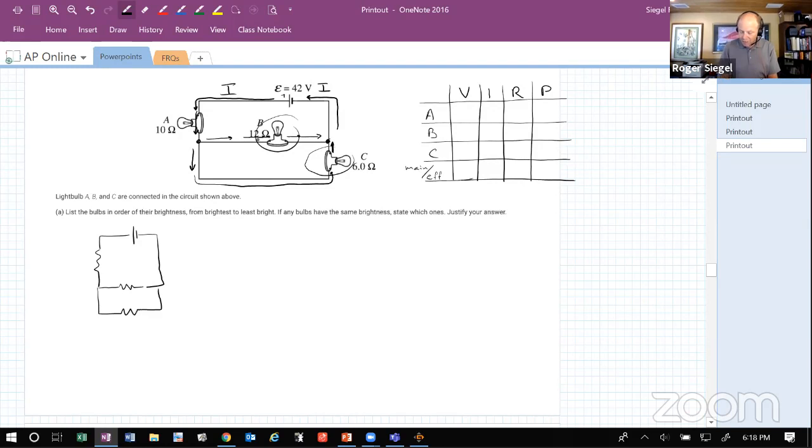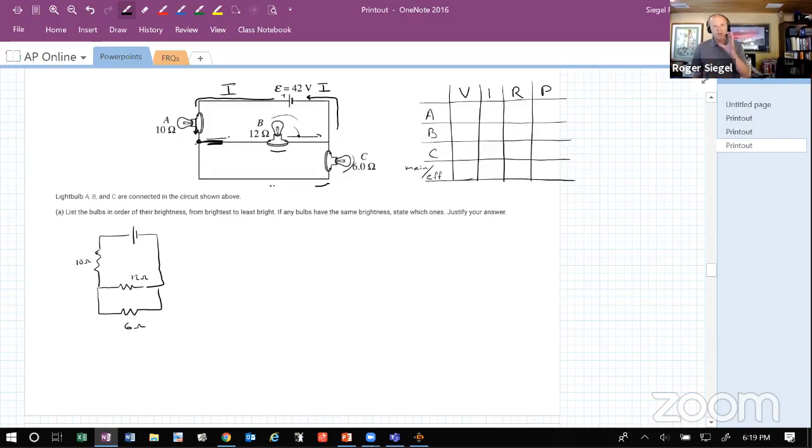Because you can easily go from one to the other without going through anything else. They're two sides. So let's go ahead and do that. We will now say that this is 6 ohms, this is 12 ohms, and this is 10 ohms. Now, you would be fine to ask me, why did you draw it like this?